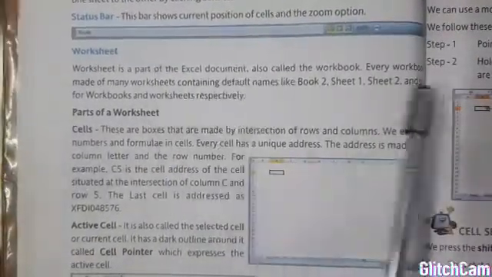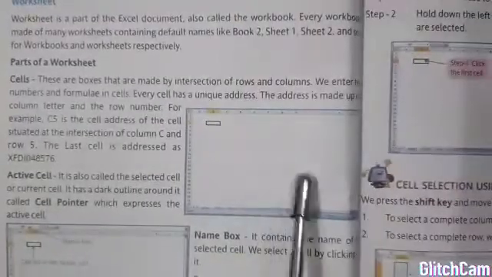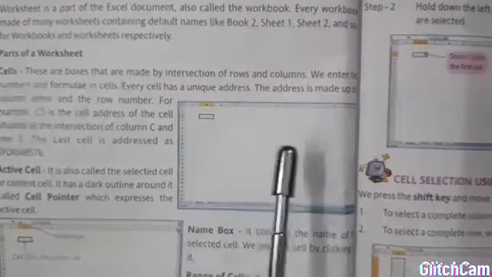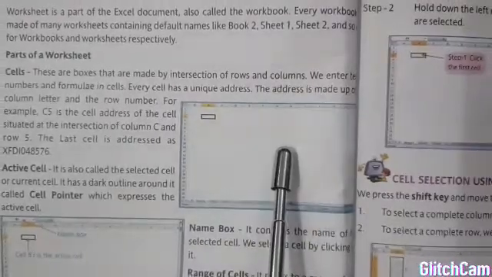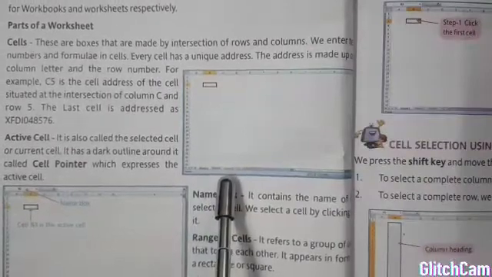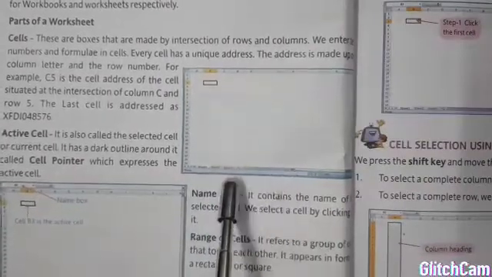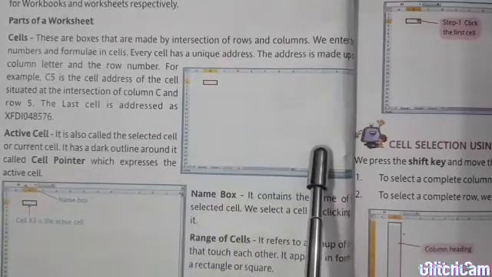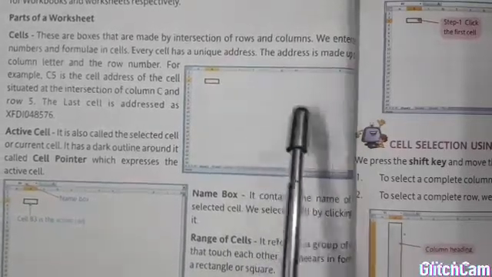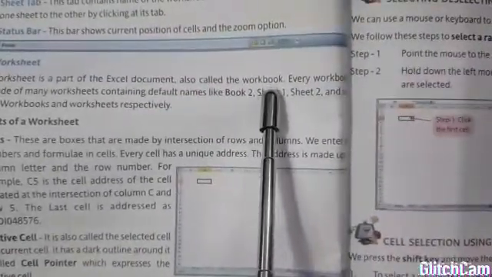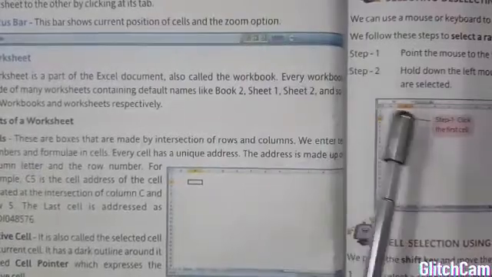A worksheet is a part of an Excel document, which is also called the workbook. There are 2-3 worksheets, sheet 1, sheet 2, sheet 3, and you can add many more sheets, and when you combine all these worksheets, it will be in the form of a workbook, just like your English workbook or Hindi workbook or any other workbook.